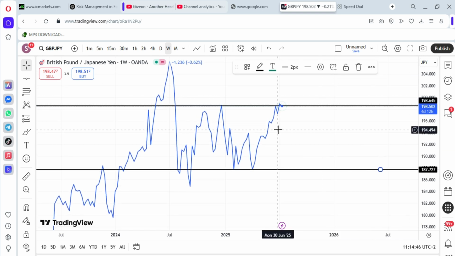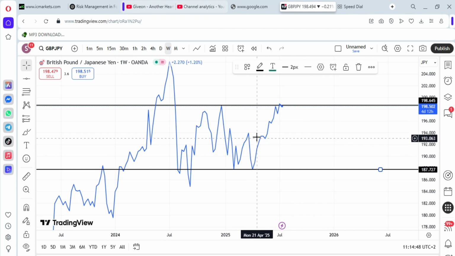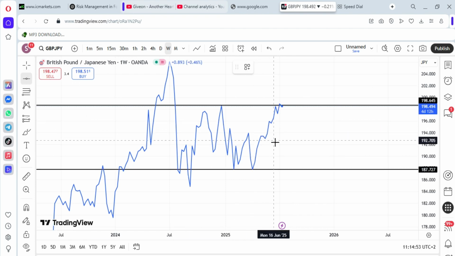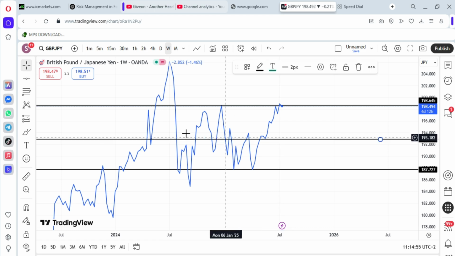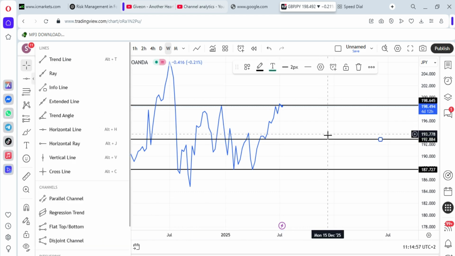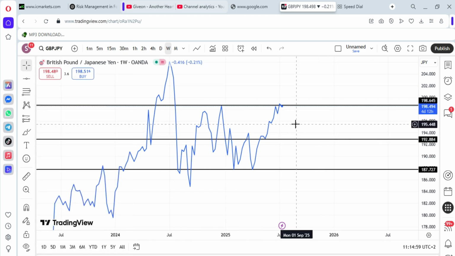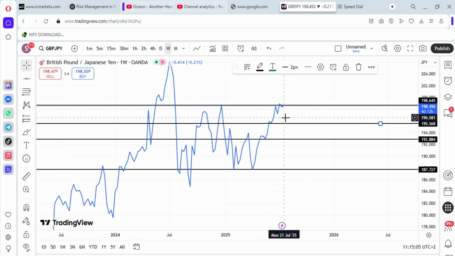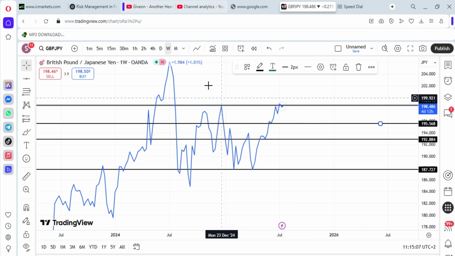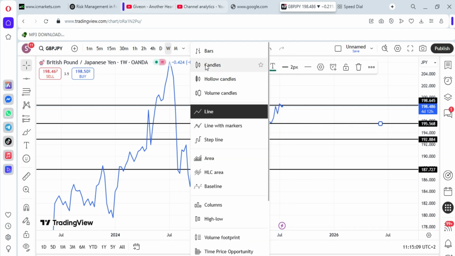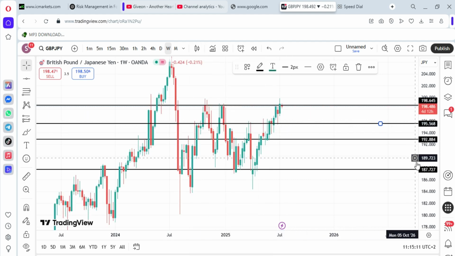As you can see, our next key zone is this one. Oh, yes. So then we go back to our candlestick chart pattern.